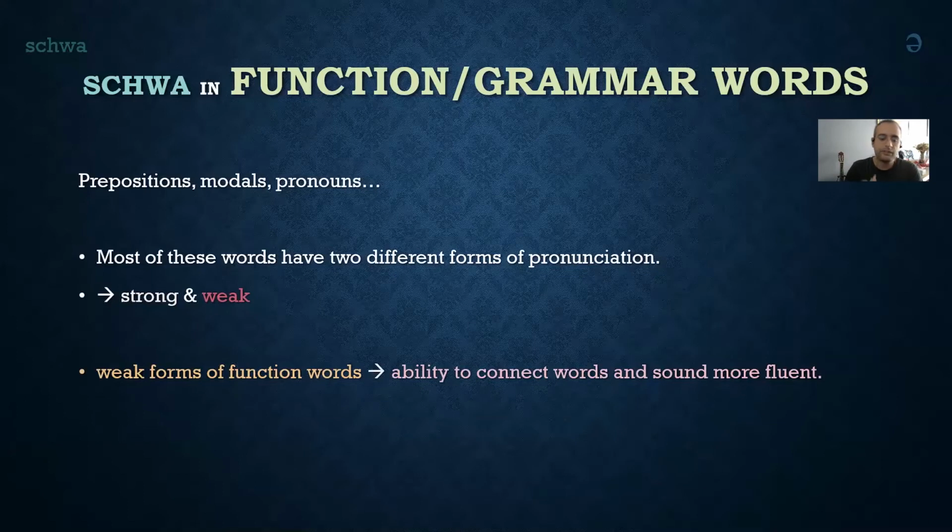This will help you connect words and sound more fluent, okay? This is how native speakers speak. I'm not telling you that you should have a native speaker accent. I'm just telling you to be as good as possible. Just try, and you will speak with a clear accent.